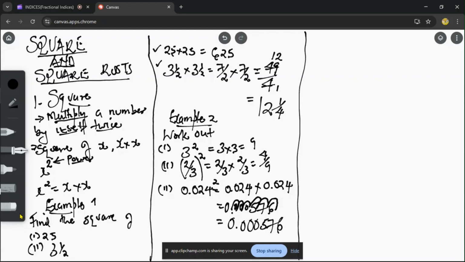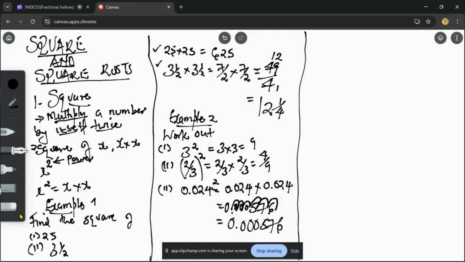So look at your answer carefully. The decimals are not 3 because this is what I'm working out. This is the meaning of a square. I'm multiplying the number by itself twice. So this is an overview, the square. Square means you multiply a number by itself twice, and that is how we get that.